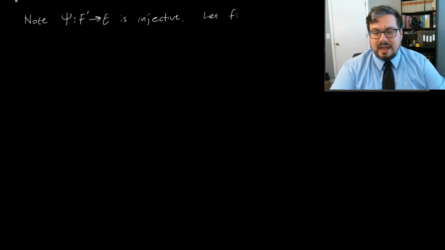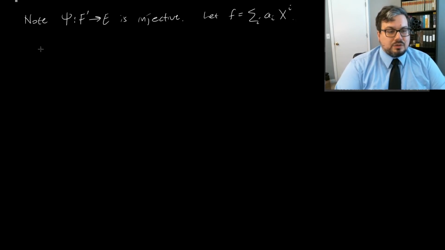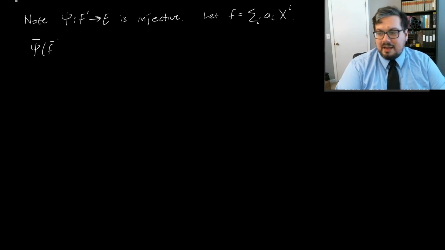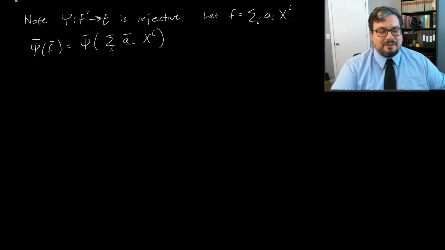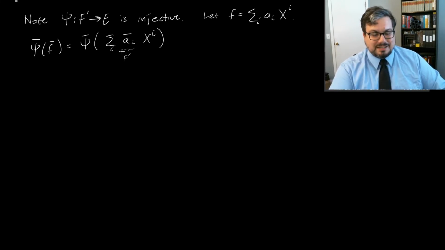So let's let f be the sum of a_i times x to the i. Then we have that psi bar of f bar is equal to psi bar of the sum over i of a_i bar x^i, where this a_i bar is the element of F prime with representative a_i.